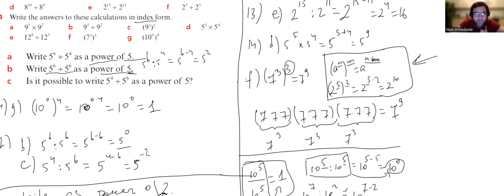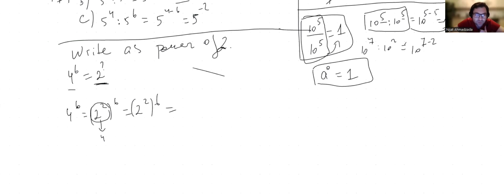So 2 to the power of 2 to the power of 6 is the same thing as 2 to the power of 2 times 6, which is 2 to the power of 12. So 4 to the power of 6 is the same thing as 2 to the power of 12.